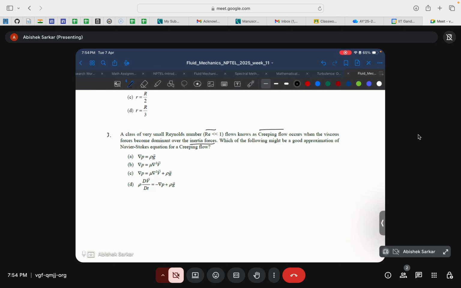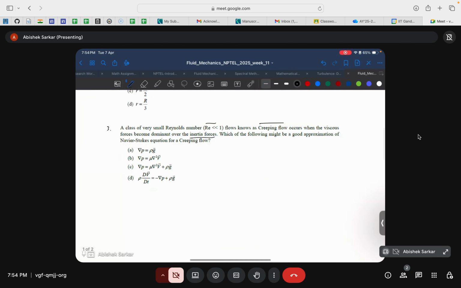I think what I will do is just add one more term to make it complete. It is mu del square v. So what happens is that for creeping flows, the Reynolds number is very small.